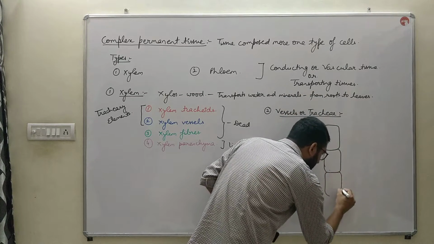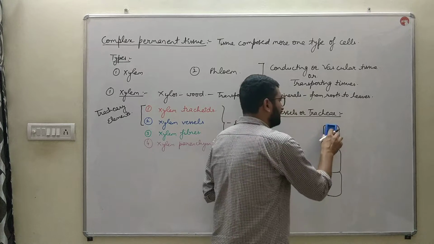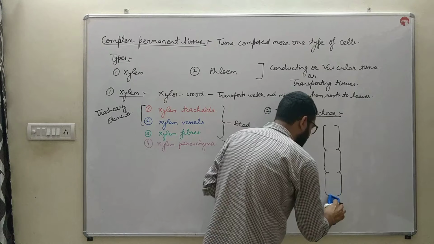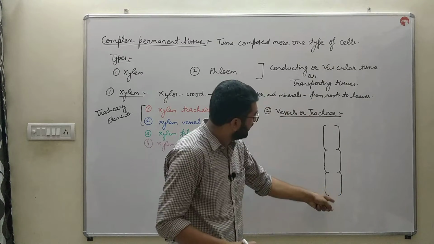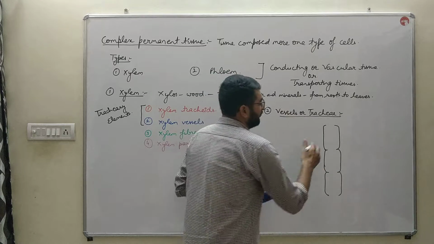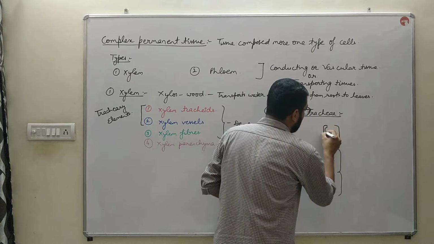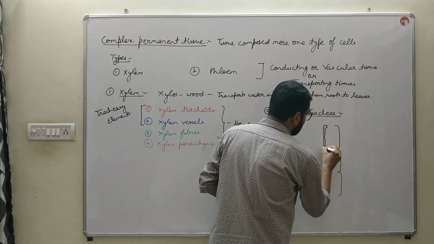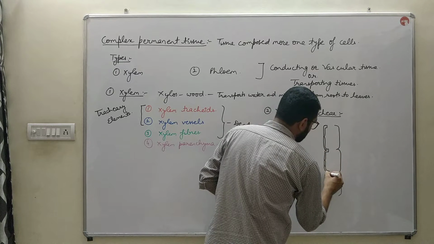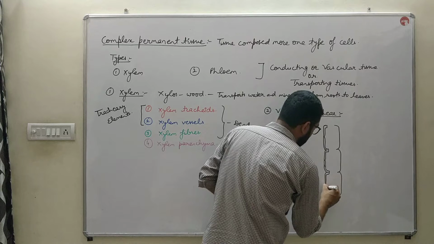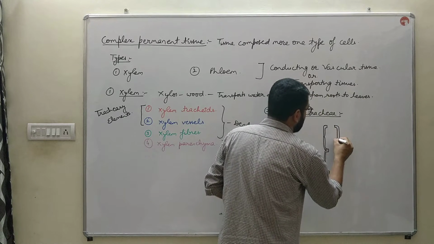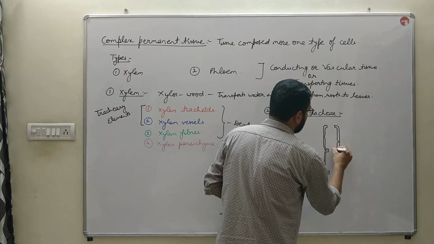In this manner, if you draw a gap in between, you can see a duct-like, pipe-like structure is formed. This is the vessel. The most efficient xylem component which transports water and minerals in flowering plants. They are majorly present in flowering plants.